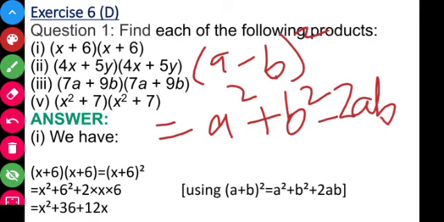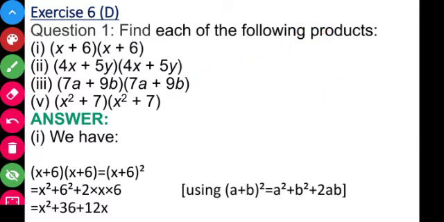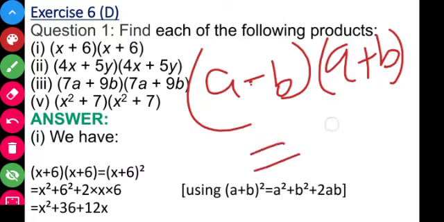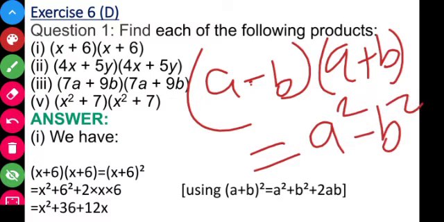Okay, this is the formula. And the third identity is (a minus b) into (a plus b) is equal to a square minus b square. Okay, so these three identities you have to learn.